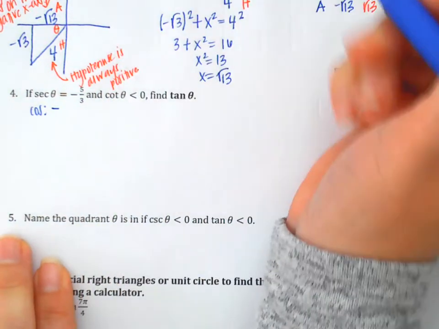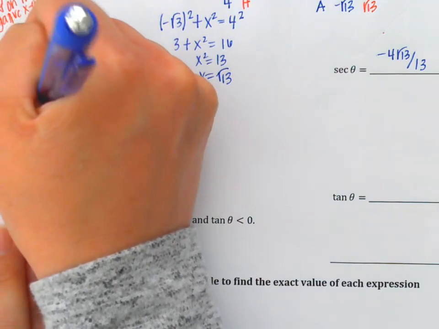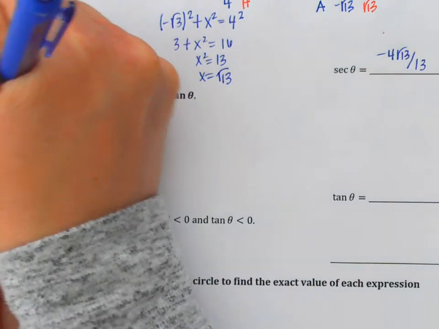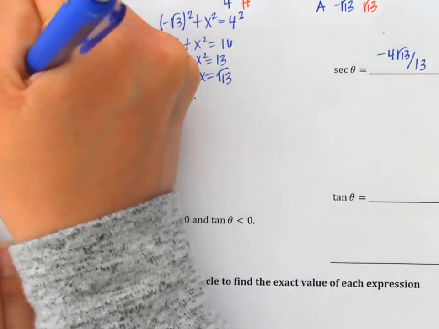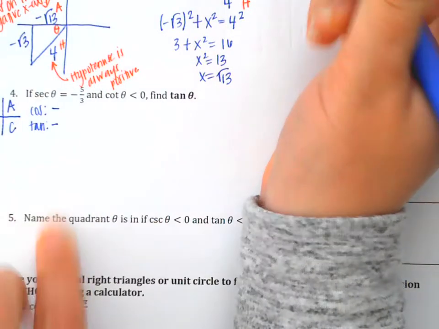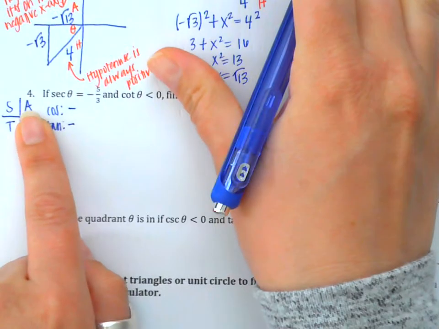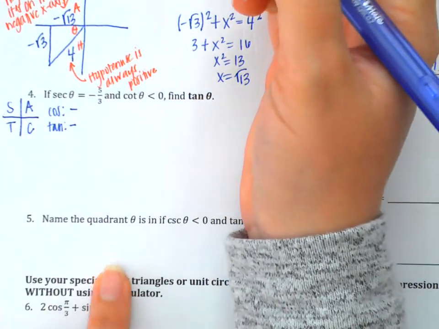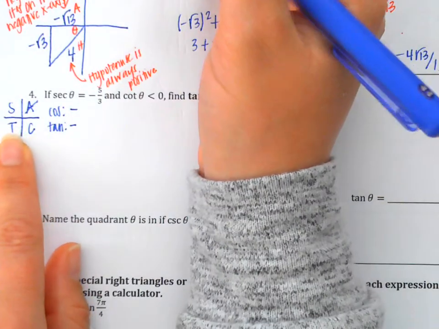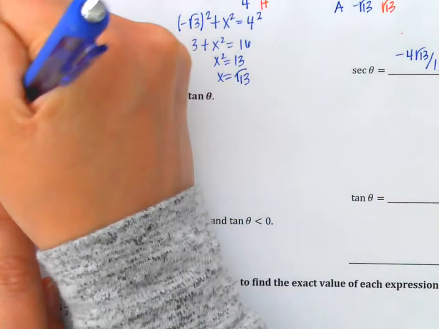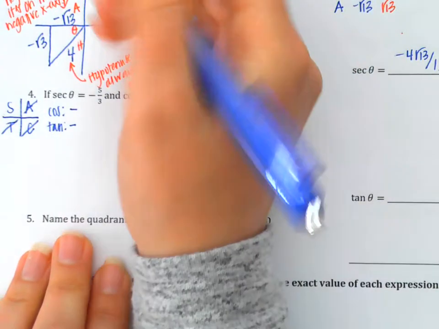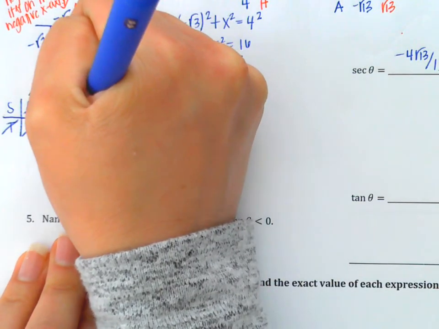So cotangent is negative, which means tangent is negative. So we think about on our quadrants, all students take classes. Well, it can't be quadrant 1 because not all of them are positive. So that's out. It can't be quadrant 3 because tangent is positive there. It can't be 4, so it has to be quadrant 2.